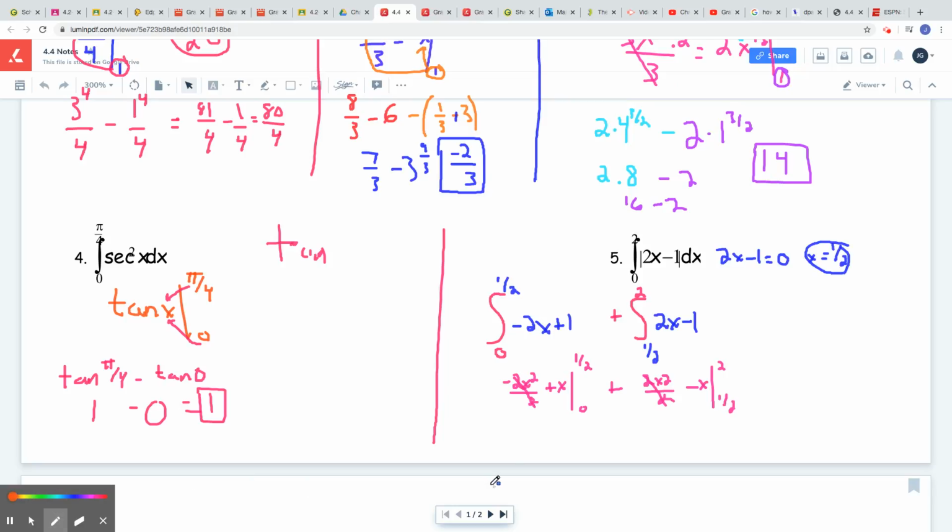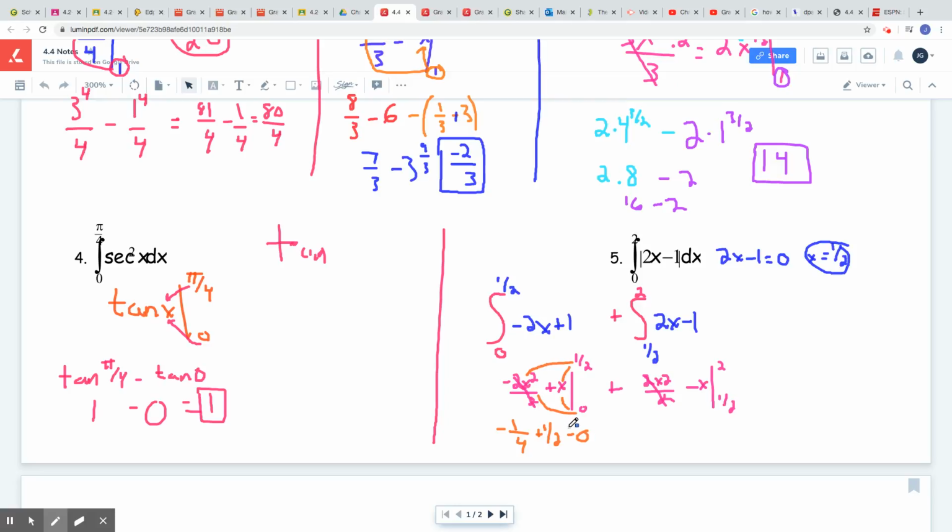All right, so now I plug in. I get 1/2 squared, which is 1/4, but there's a negative, so that becomes negative 1/4 plus 1/2. That's by plugging in this x and that x there. Now I'm going to plug in 0 in both spots. What's 0 squared? 0, plus 0 is 0, so minus 0.